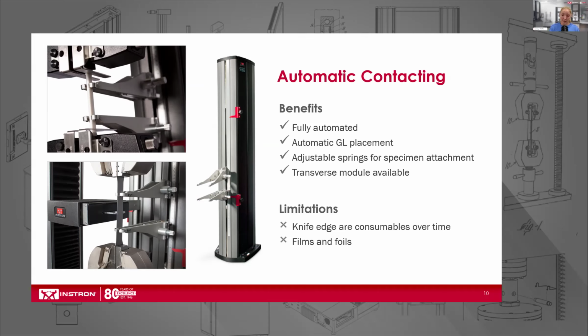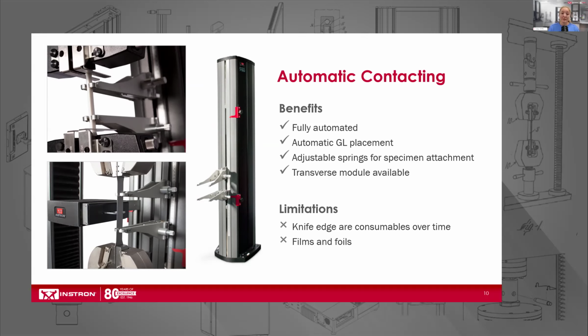Your initial gauge length is set in your software and can be changed or adjusted anytime. The knife edges that actually are making contact with your specimen are also interchangeable depending on whether you're testing flat or round specimens. In the bottom image, you can see that there's also a transverse module option.